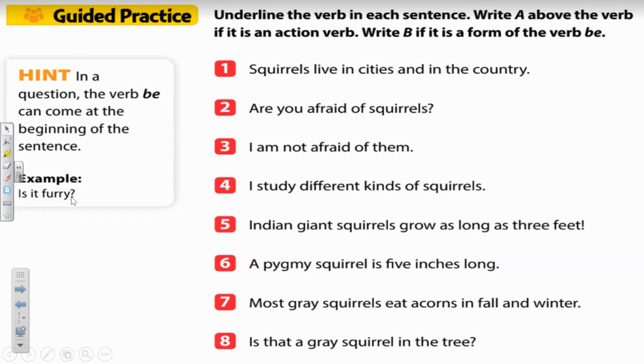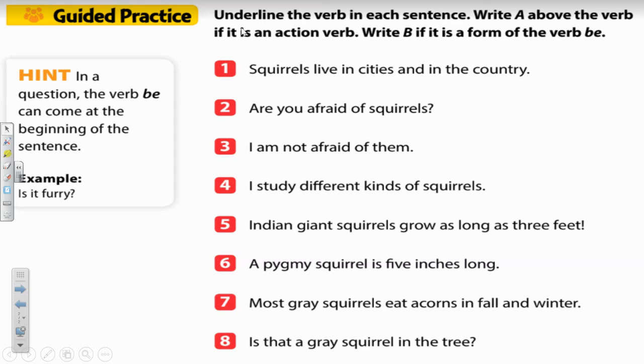Here's the hint on the side that I like to read first. In a question, the verb be can come at the beginning of the sentence. For example, is it furry? Here's that sneaky verb is, and it's at the beginning of this question.